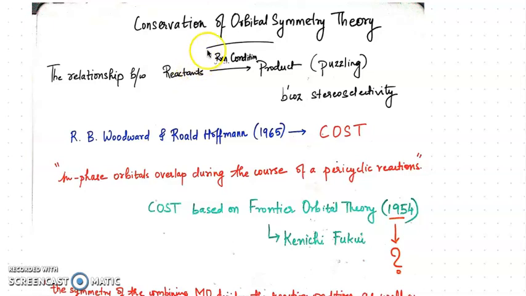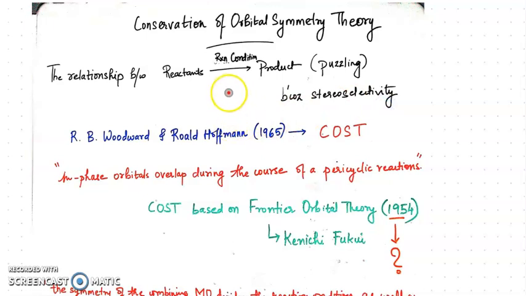Hello everyone. So today we will look into the conservation of orbital symmetry theory. This particular theory is the one that is used to explain the stereoselectivity that was observed in the pericyclic reactions.